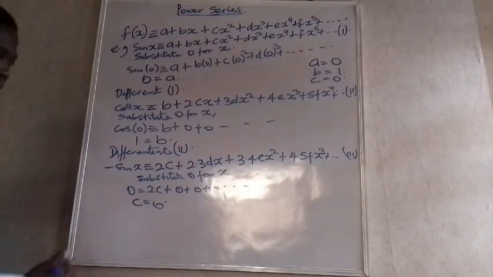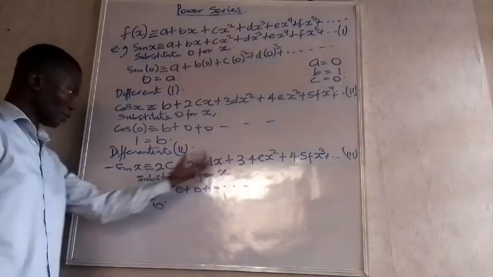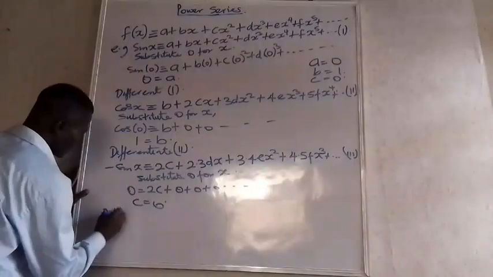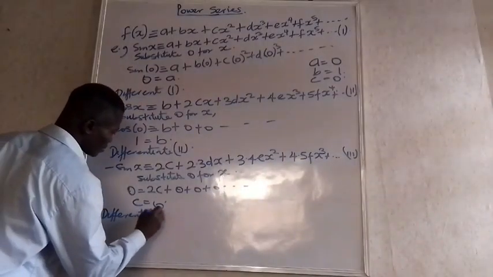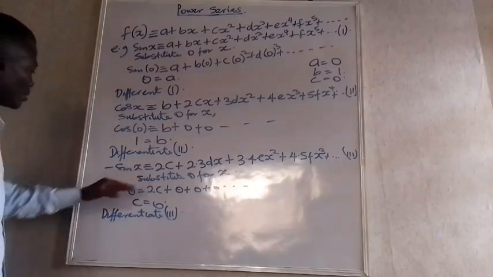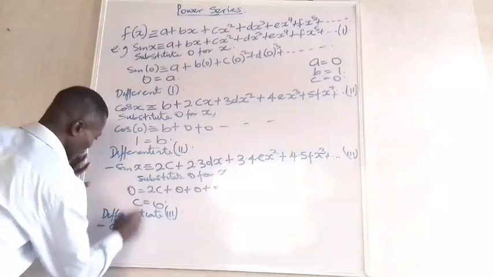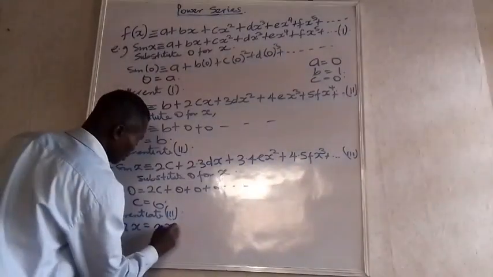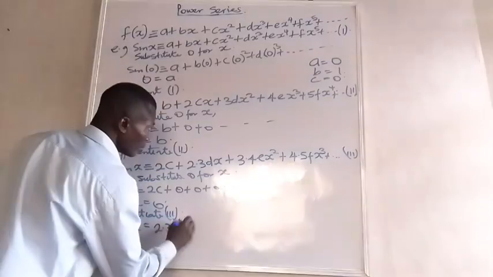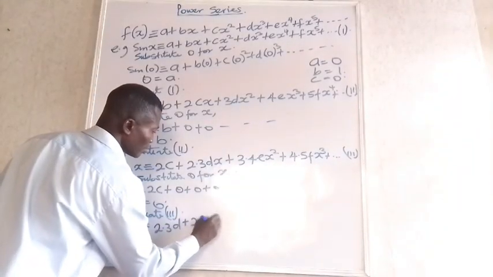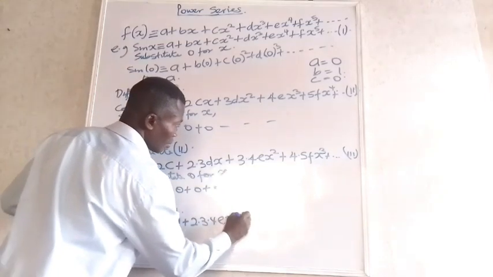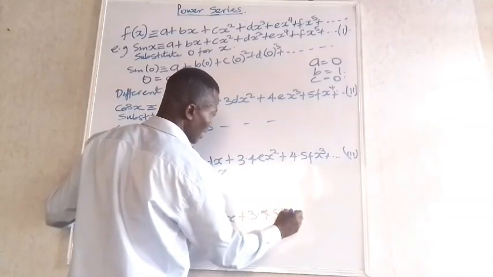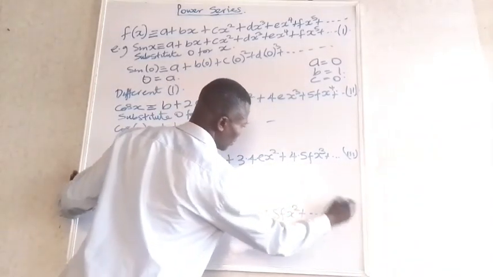Now, let's repeat the operation again so that these other ones will show, by differentiating 3. That's going to give me minus cos x. This one disappears. We're going to have 2 times 3 d plus 2 times 3 times 4 ex plus 3 times 4 times 5 fx squared. Let's call this 4.